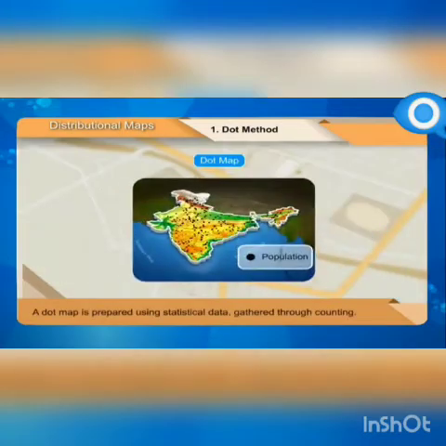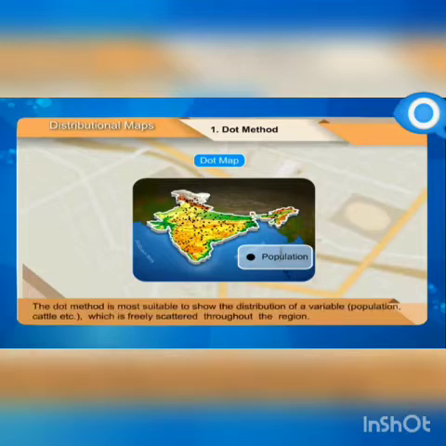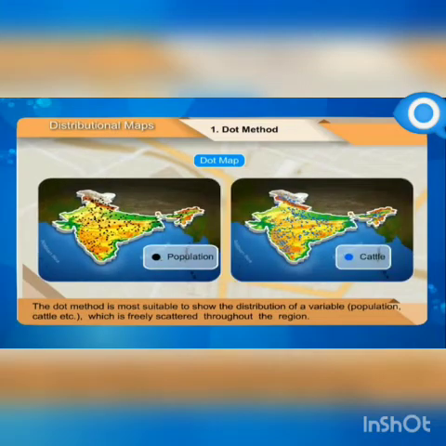In the dot method, the map is prepared through statistical data gathered through counting, and a dot represents the value of a particular variable, such as population, cattle, etc., which is freely scattered throughout the region, like population in an area.